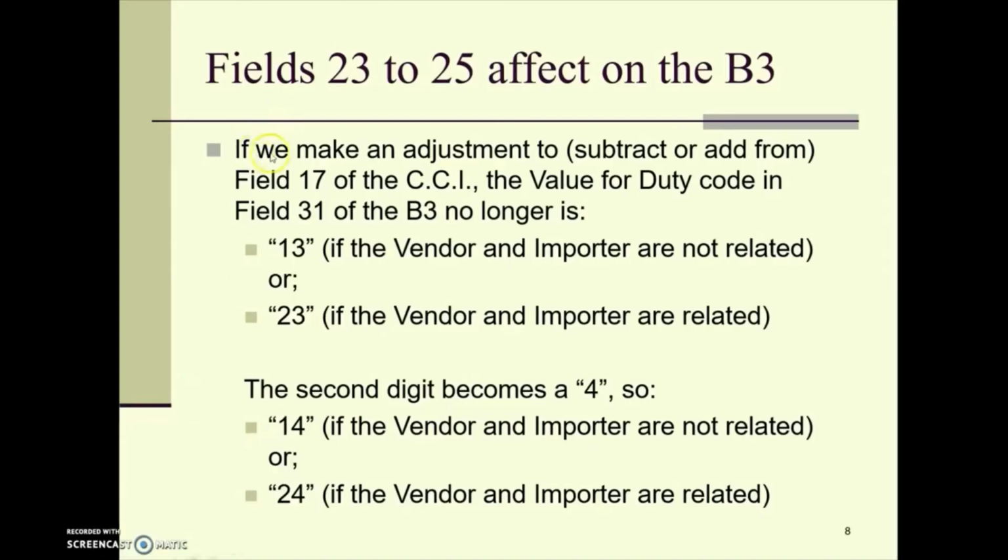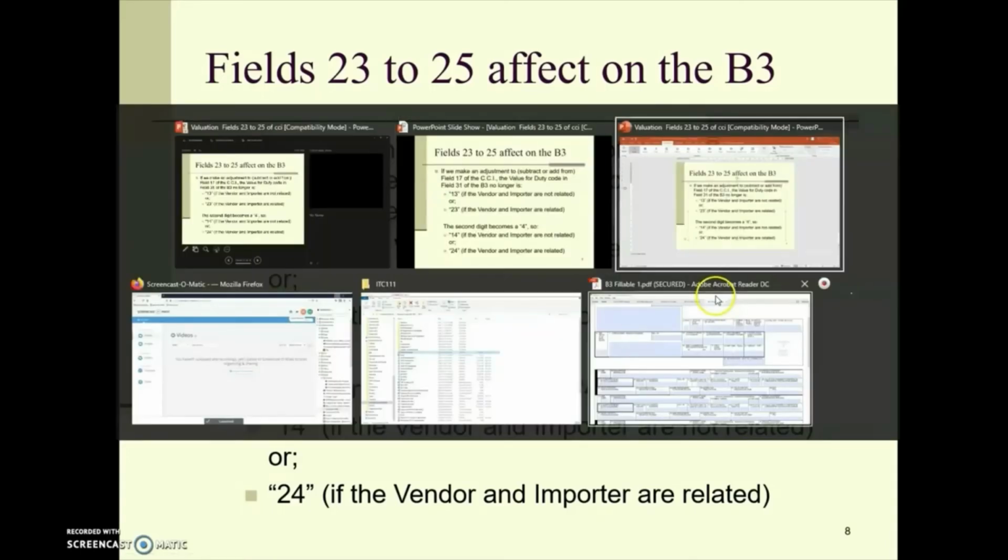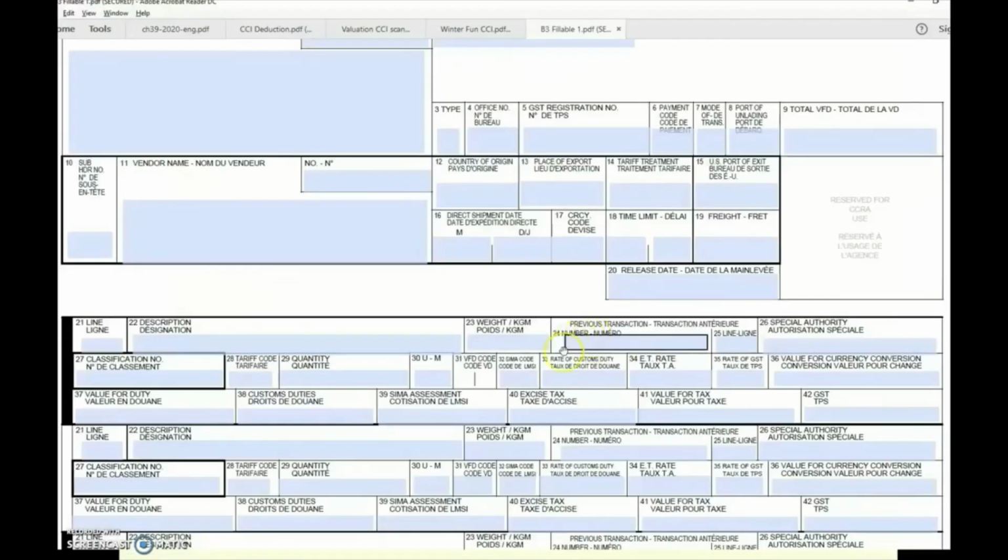So if we make an adjustment to subtract or add from field 17 of the CCI, the value for duty code in field 31 of the B3 no longer is 13 if the vendor and the importer are not related, or 23 if the vendor and the importer are related. So if we go to the B3, field 31 is right here, value for duty code.